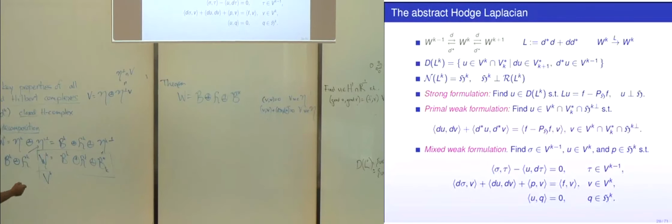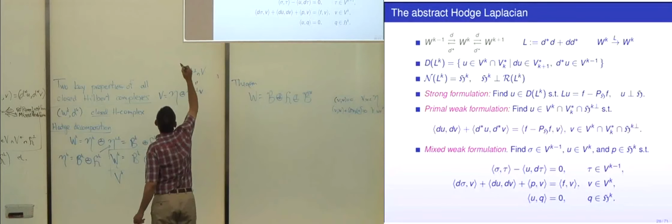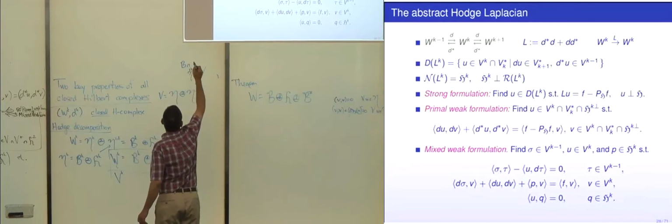Okay, and now what is this Z perp in V? Well, Z perp breaks up as B star plus harmonic forms.